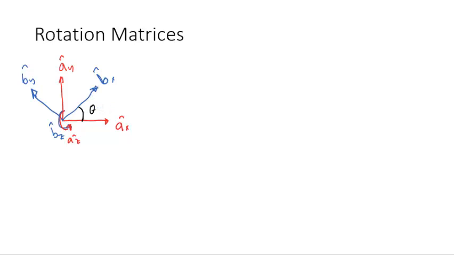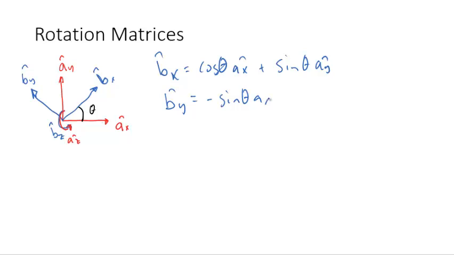Using geometry or SOHCAHTOA, we can see that BX can be described in the A basis as the cosine of theta AX plus the sine of theta AY. BY can be described as minus sine of theta AX plus cosine of theta AY, and BZ is equivalent to AZ.